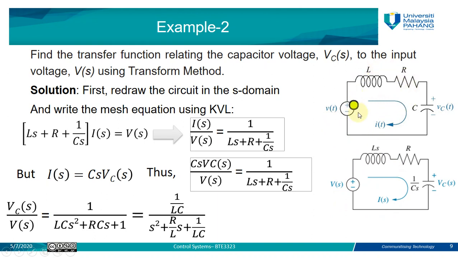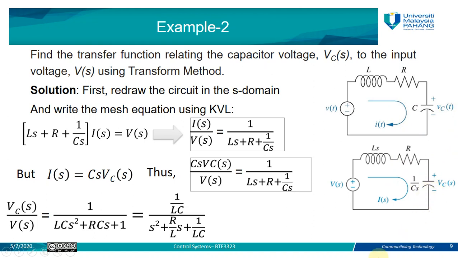So this whole circuit is transformed to this circuit: this one in the time domain, and this one in the S domain now. You can see here Vt is Vs, It is Is, L becomes LS, R stays R with no change, C becomes 1 over CS, and the Vct here becomes VCS.